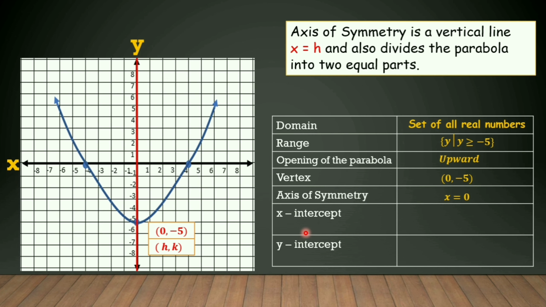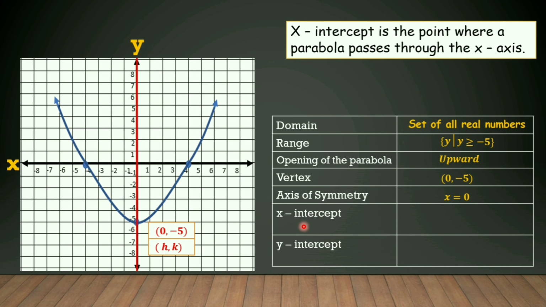Okay, next, let's have the x-intercept. X-intercept is the point where a parabola passes through the x-axis. So, ito ang x-axis natin. Ano-ano ang mga points na dinaanan ng parabola dito sa x-axis natin. Okay, so ito yung mga points na negative 4 at saka positive 4. And to answer the x-intercept, we will let y equal 0.